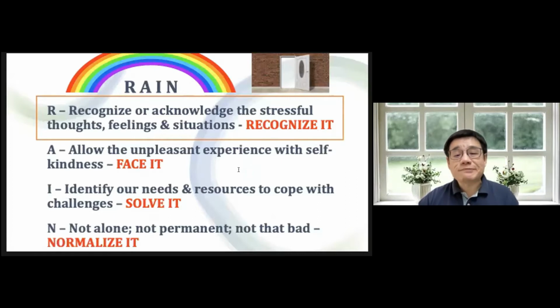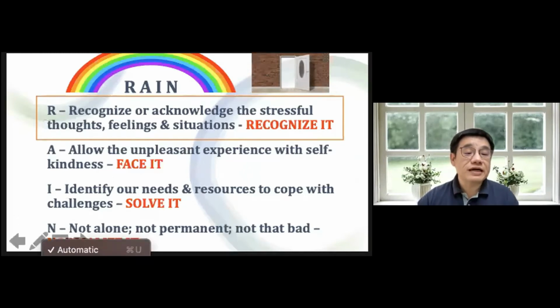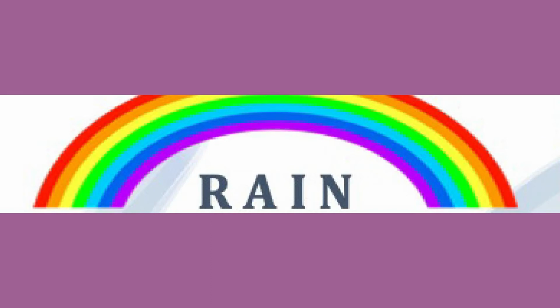So this RAIN principle is actually originated from a meditation teacher by the name Michele McDonald. Okay, so it's based on that. So Mindful RAIN is an acronym. So R stands for something, A stands for something, I stands for something, and N stands for something.